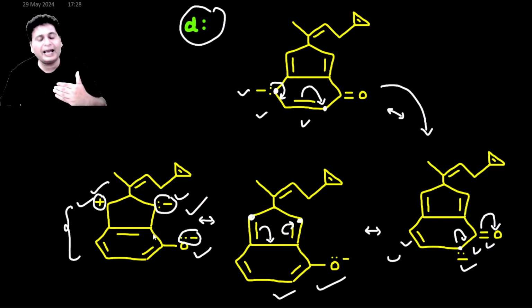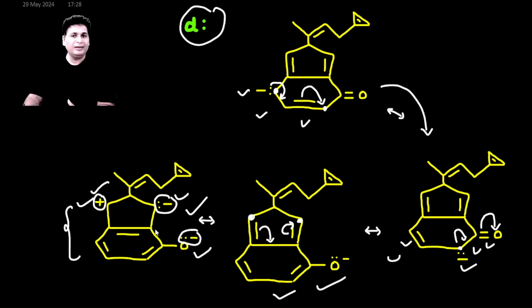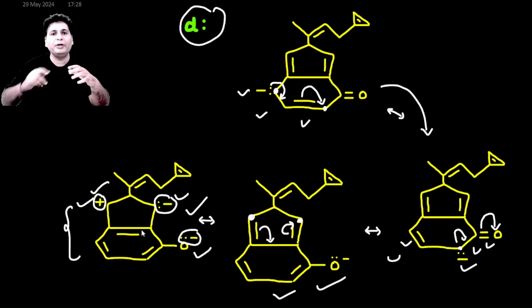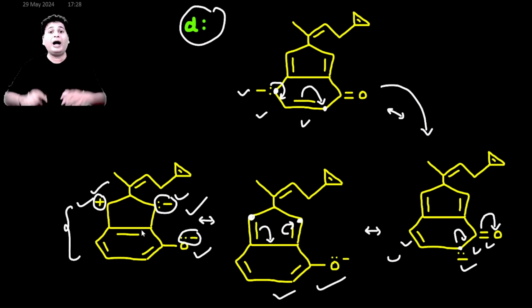So I am not saying aromatic behavior is a bad thing, but this aromatic behavior is not just coming because of the delocalization of that single negative charge. You have to create more charges in order to bring this benzene ring into the system.